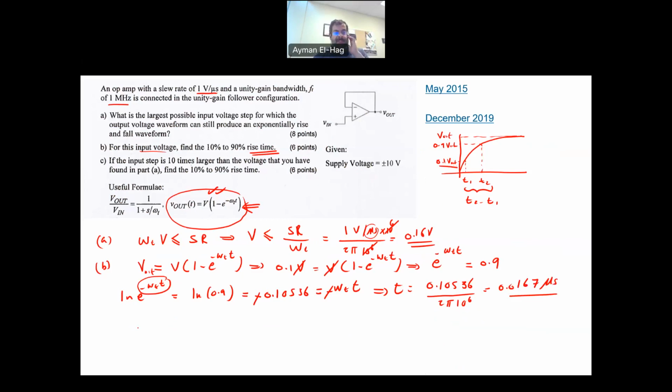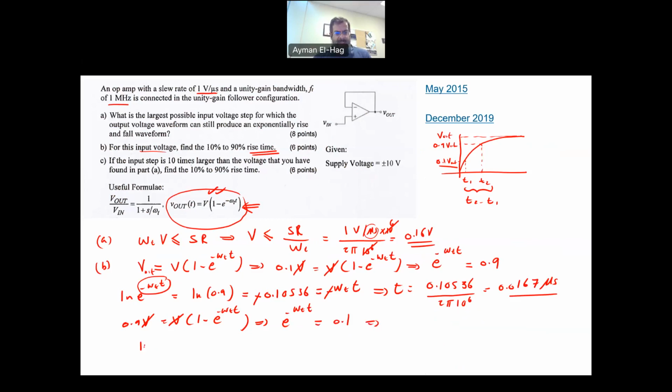We will repeat the same thing, but now at 0.9, which is 0.9 V equal to V times 1 minus e to the minus omega t times t. Exactly the same thing here. So you will have e to the minus omega t times t equal to now 0.1. Take ln of both sides.